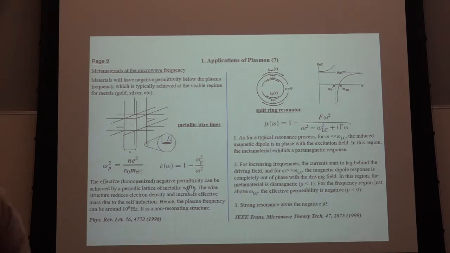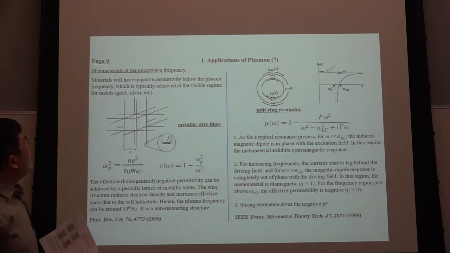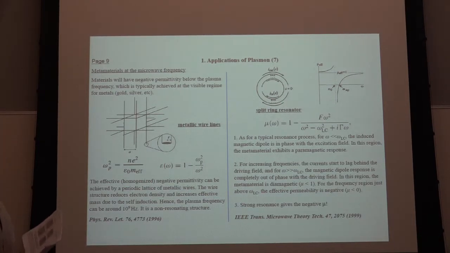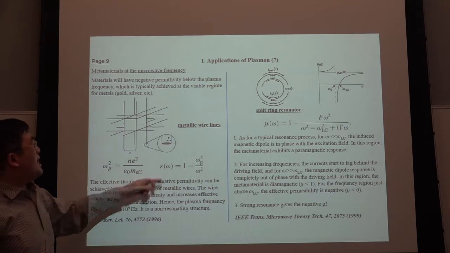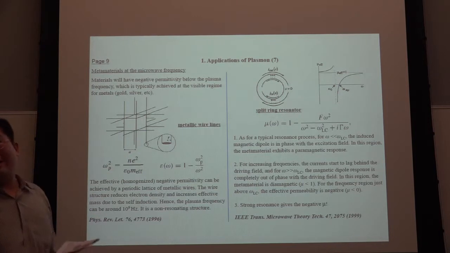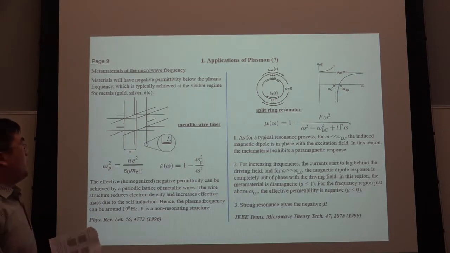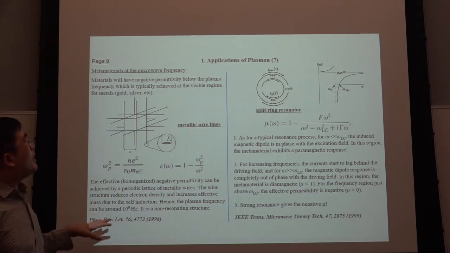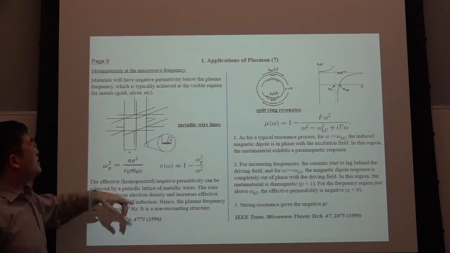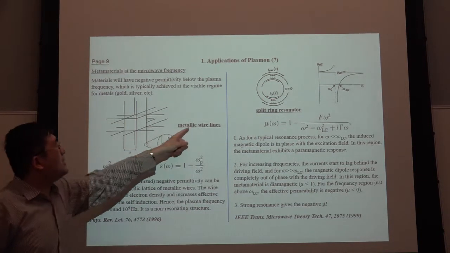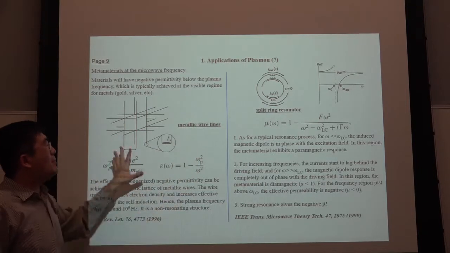At microwave frequencies, everything is a PEC. People realize some material that has an effective epsilon smaller than 0 or an effective mu smaller than 0, meaning effective, not the material itself. Typically in microwave, every material can be seen as a PEC. This is a wire, a metallic wire line, this is a split ring, everything is a PEC.